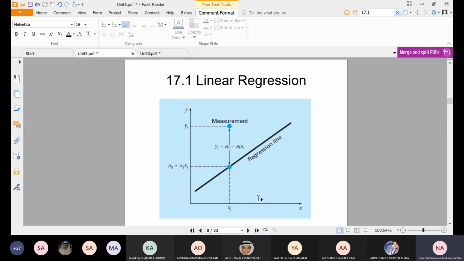Okay, so this linear regression, for example, if we have here points of data, we usually draw a line that does not exactly connect all the data that we have. So we draw a line. After that, we measure the error between this measurement and the line, or the best fit, that we introduced here.